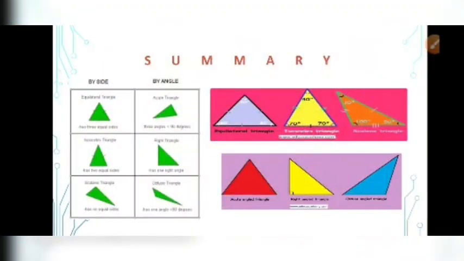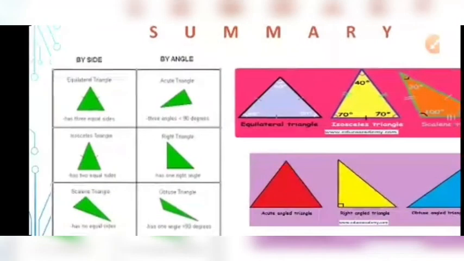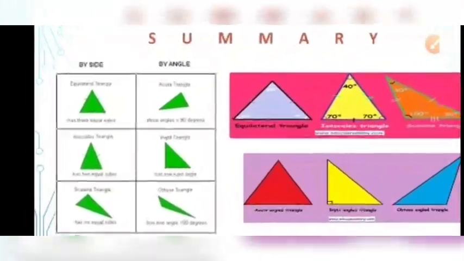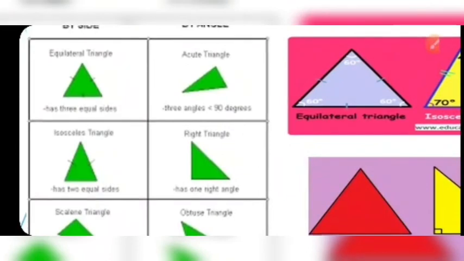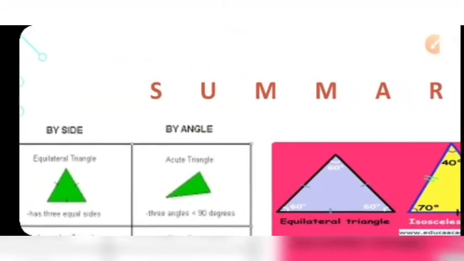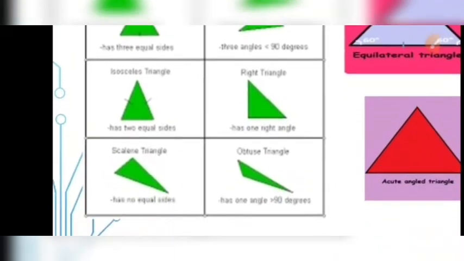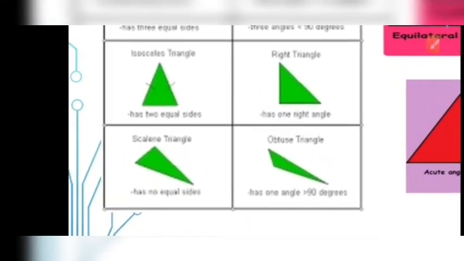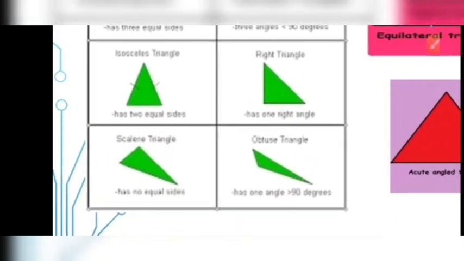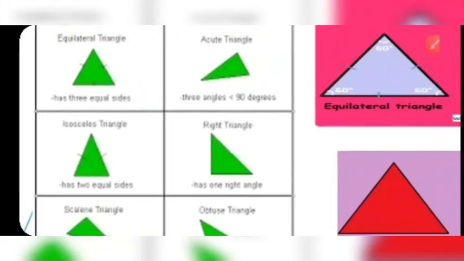So what we have discussed today? We learned about triangles, and triangles are classified by side and by angle. By side, equilateral triangle has 3 equal sides, isosceles triangle has 2 equal sides, scalene triangle has no equal sides.